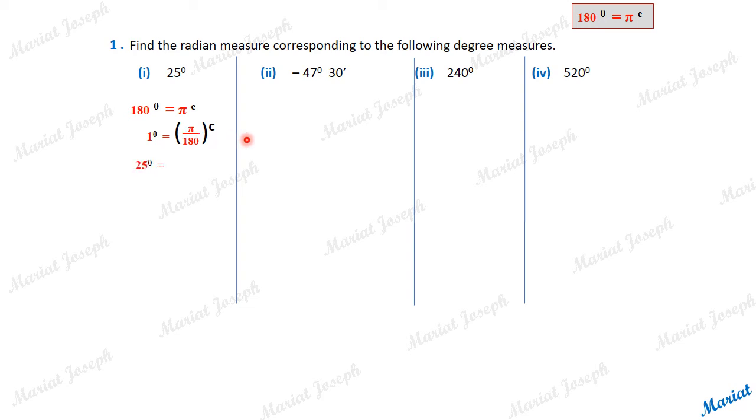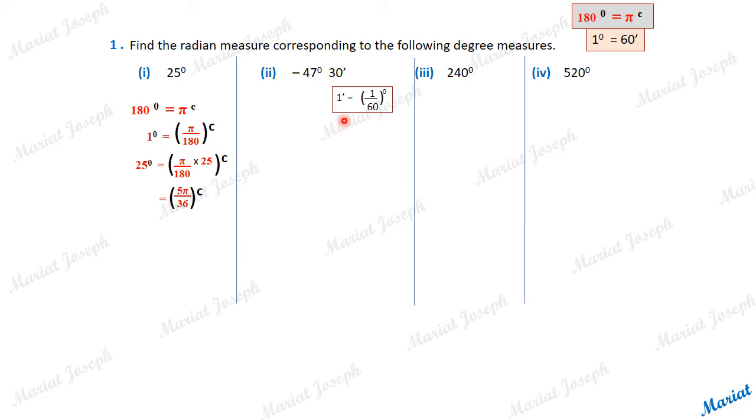Therefore 25 degrees equal to pi upon 180 into 25 radian. Calculated. It comes to be 5 pi by 36 radians. That's all. Unitary method. Next example.